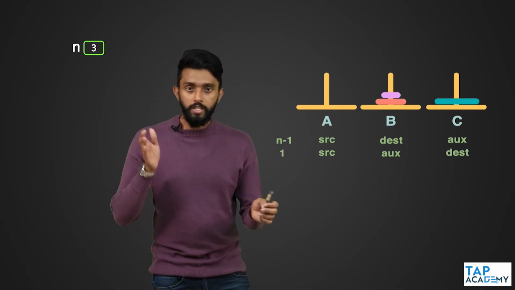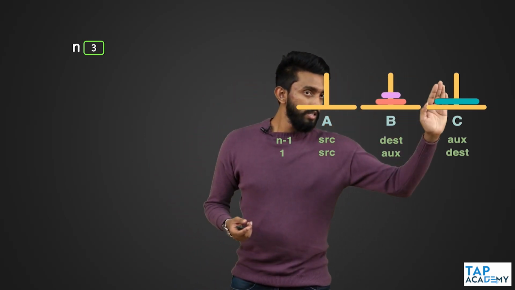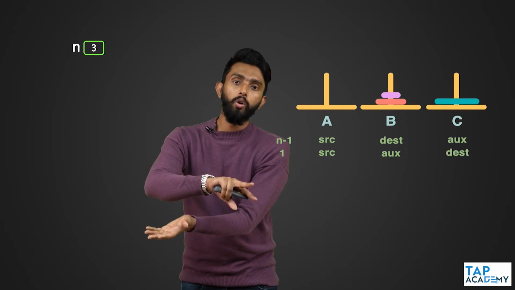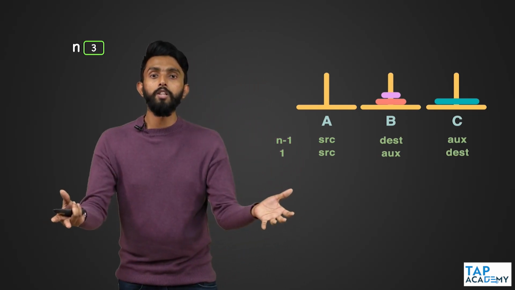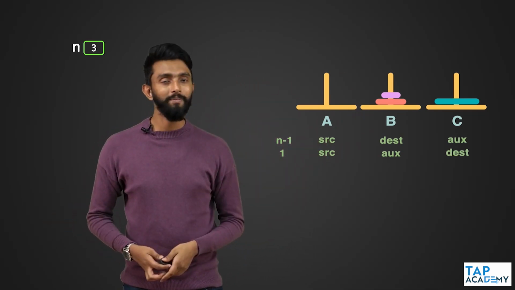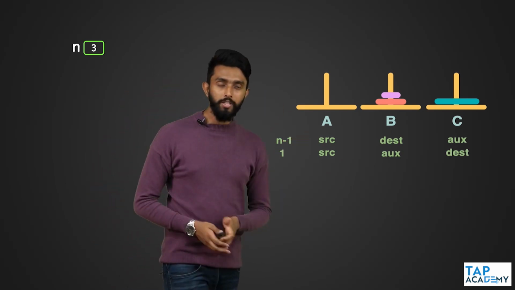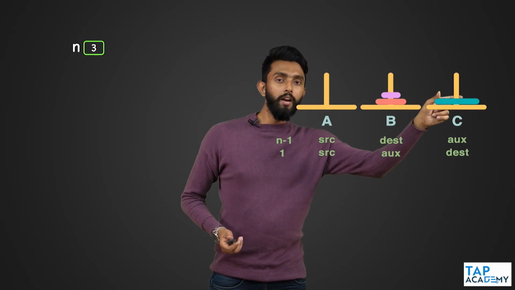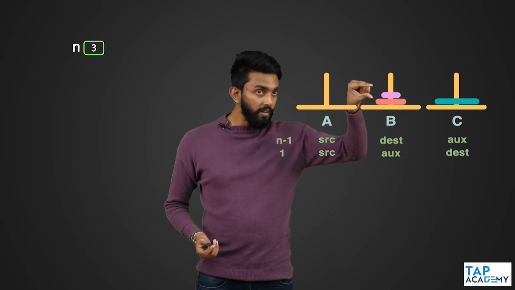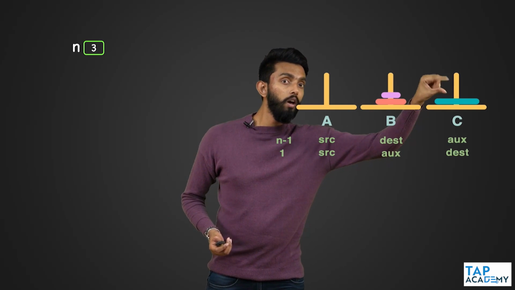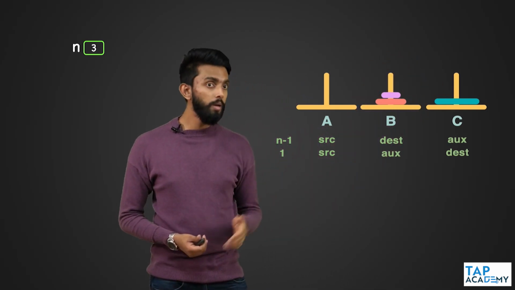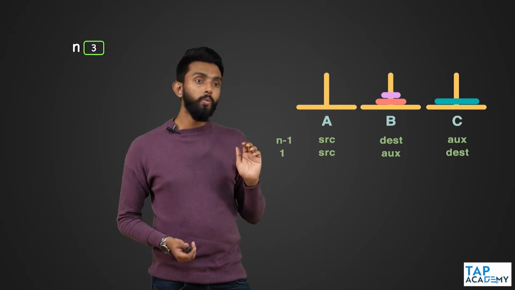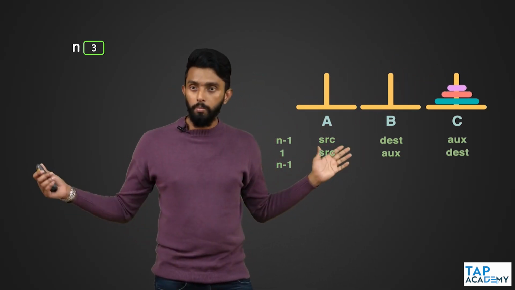So you have source, destination, auxiliary. The towers in different moves will play different roles. Sometimes source, sometimes auxiliary, sometimes destination. It depends upon which move you are making. Any confusion? Now very simple. N minus 1 disks first you moved here. 1 disk you moved there. Now n minus 1 disks, if I move here, problem is solved. So that's what I am also saying. These n minus 1 disks, if I move them there, problem is solved.